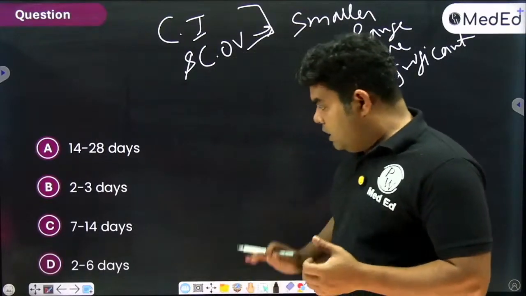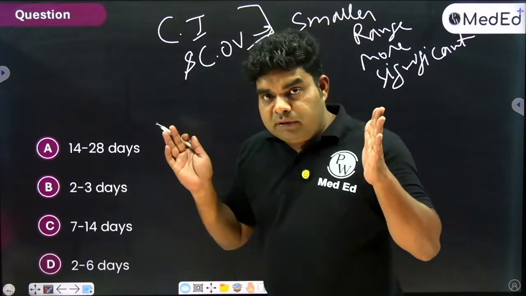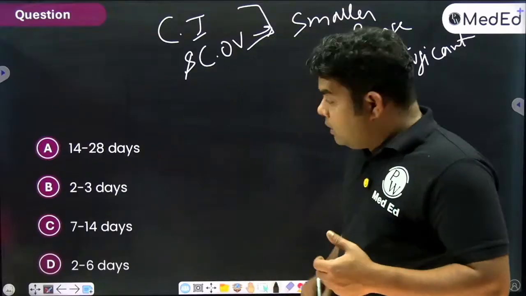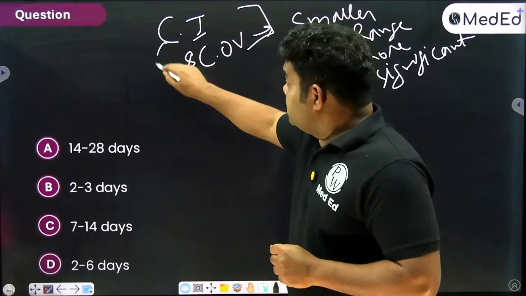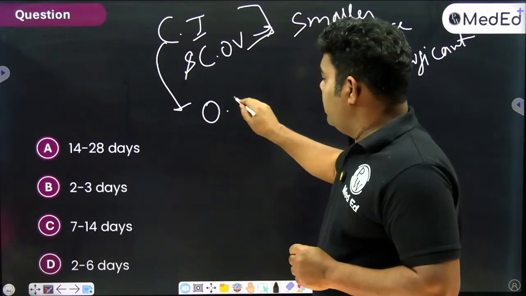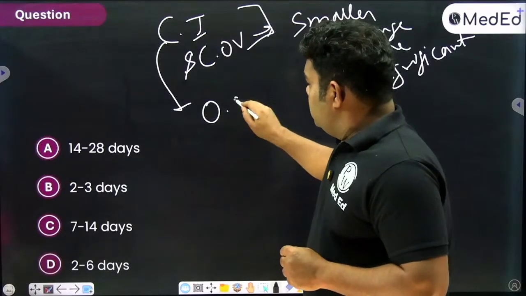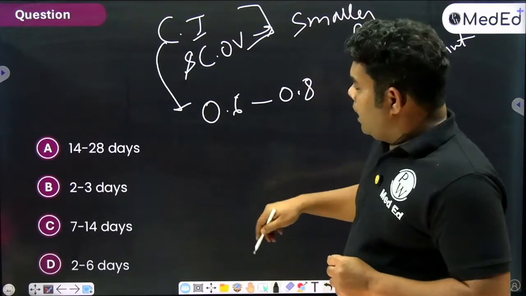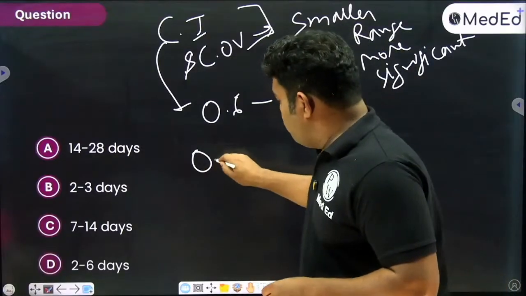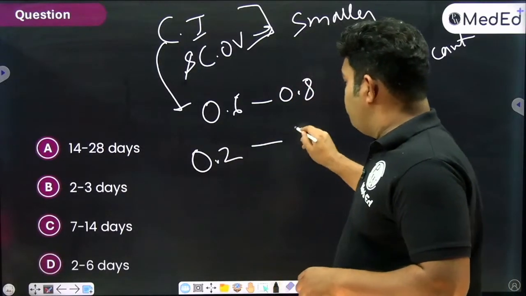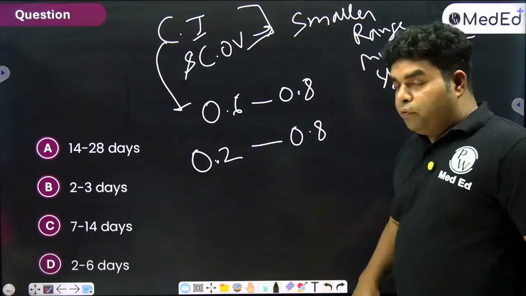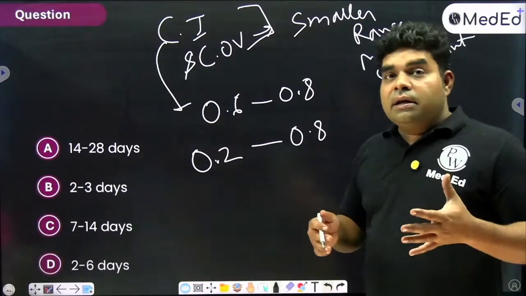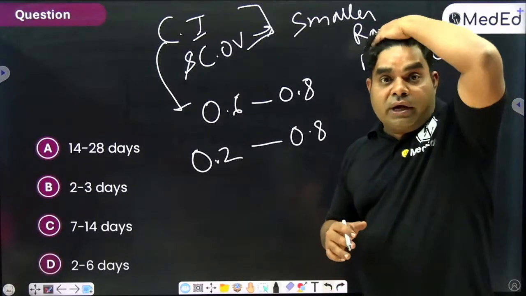Let's not go there. But if the range is small, like in the meta-analysis plot, suppose they gave two confidence intervals. One is 0.6 to 0.8 and other is 0.2 to 0.8. So which one has a stronger confidence interval, which will be showing a stronger association?